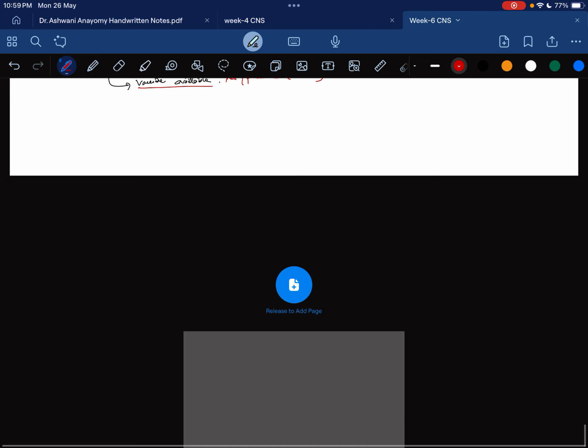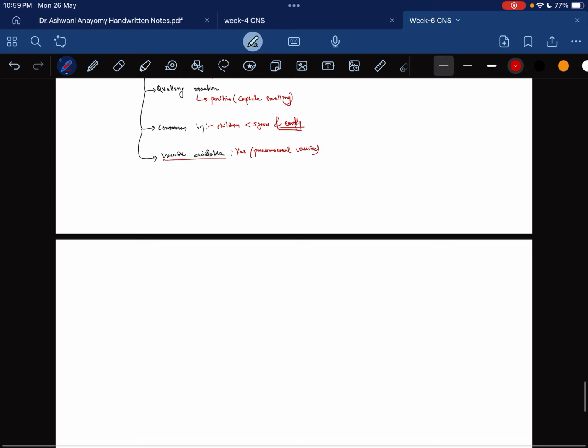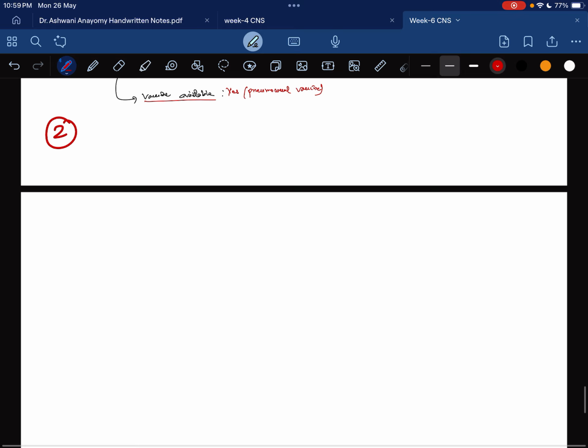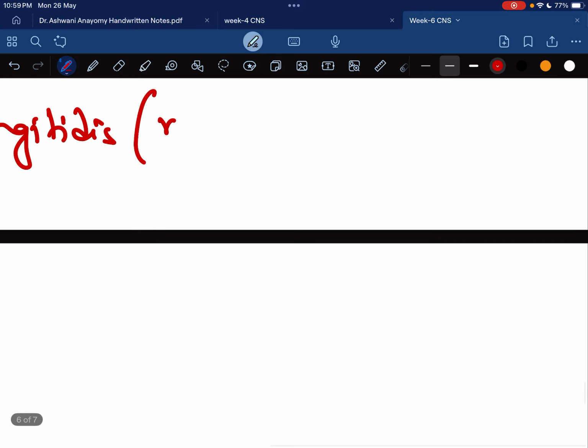Now moving on to another organism which causes pyogenic infection. The other one is Neisseria meningitidis, known as meningococcus.